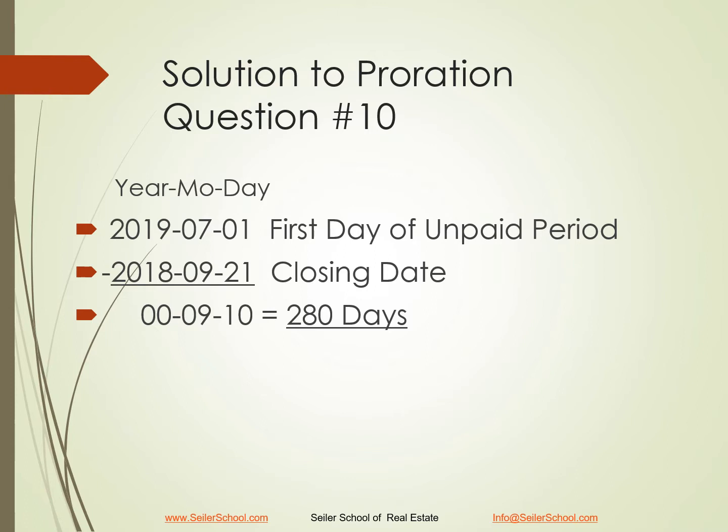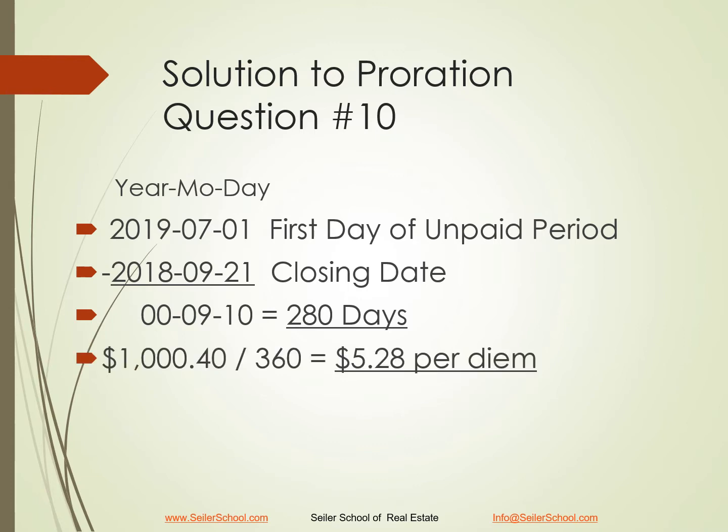We move to the year column, and since we had to borrow a year, that 2019 has become a 2018. Minus a 2018 is 0, so we end up with 0 years, 9 months, and 10 days. 9 times 30 is 270, plus our 10 days, 280 days of prorations.